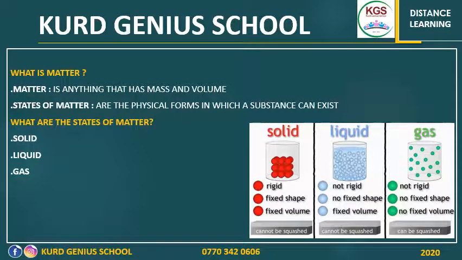The second state is the liquid state, and liquid particles are not rigid and have no fixed shape, and also they have a fixed volume. That means liquid particles are not rigid, they are not solid, and they have no fixed shape.